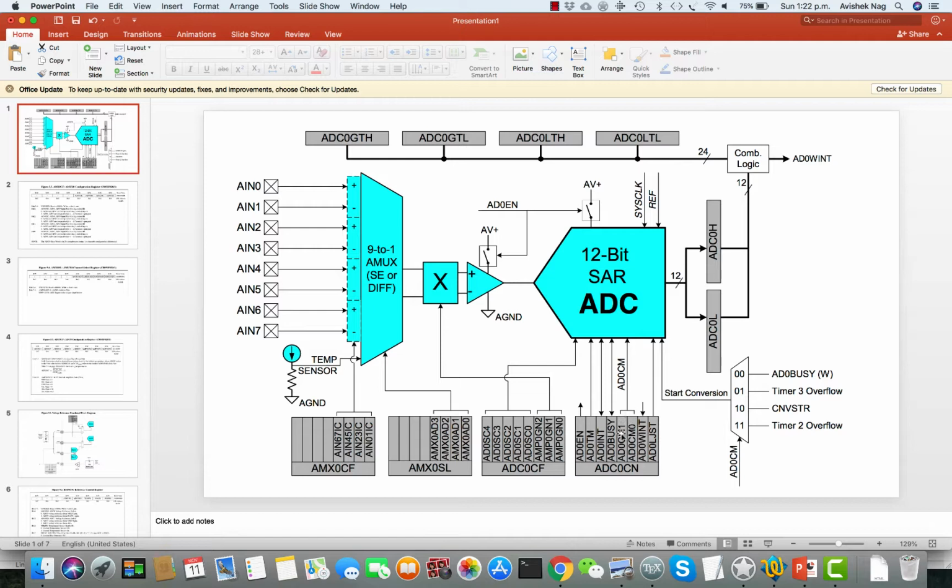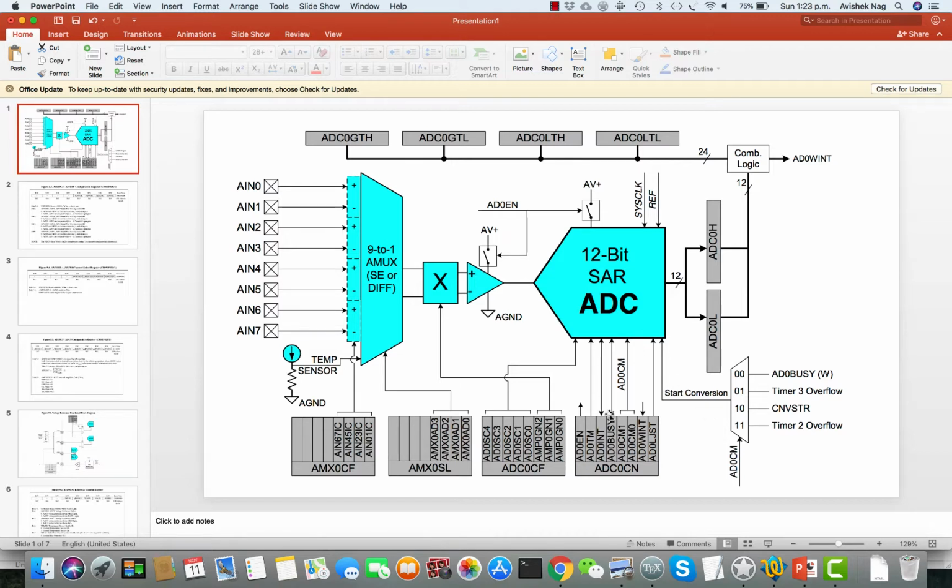If you put 00, then this particular line will be selected, and if you put a 1 in ADC0BZ, this line, then the conversion will start. So in this special function register ADC0CN, you have to put 00 here and 1 here to start the conversion.